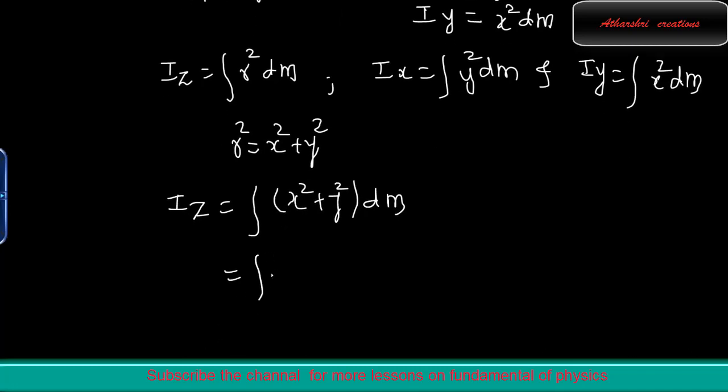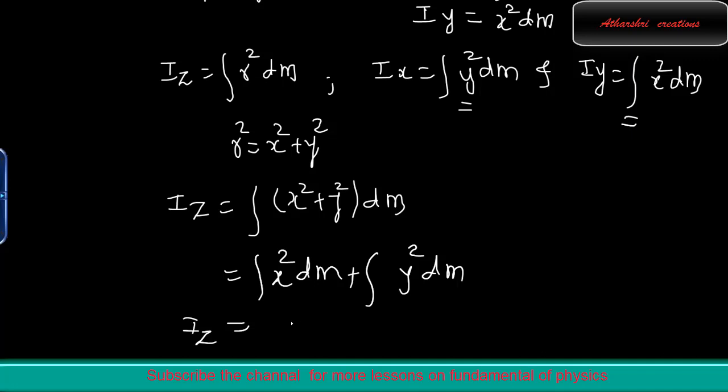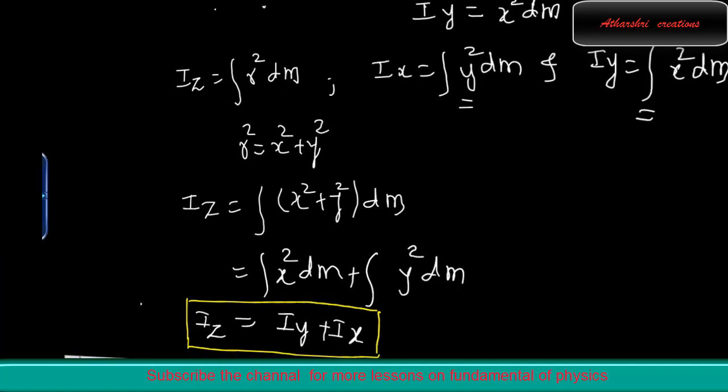Hence, this is equal to integration of x square dm plus integration of y square dm. Now see, integration of x square dm is nothing but Iy and integration of y square dm is nothing but Ix. Hence, we can write Iz equal to Iy plus Ix. This is according to the principle of perpendicular axis.